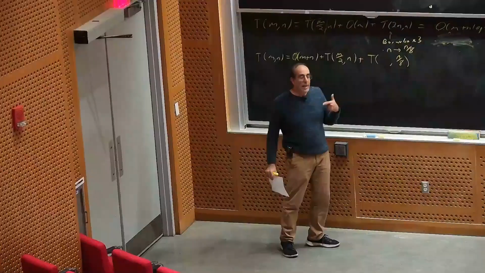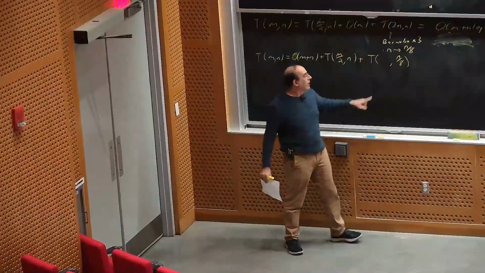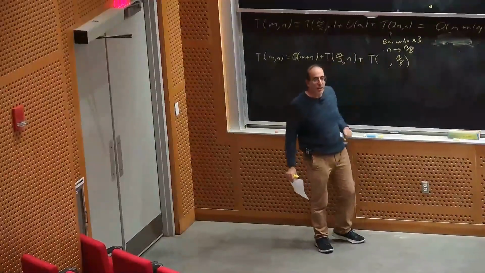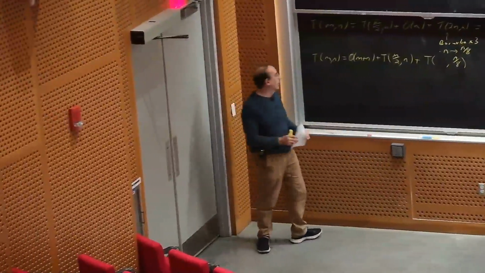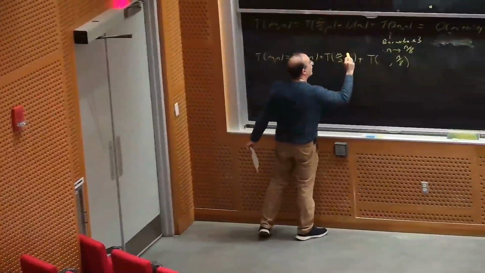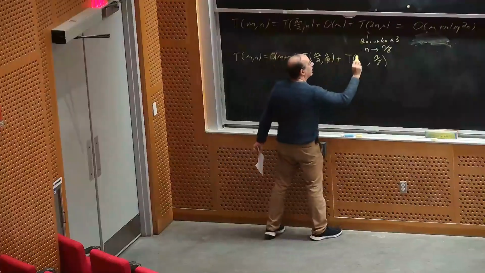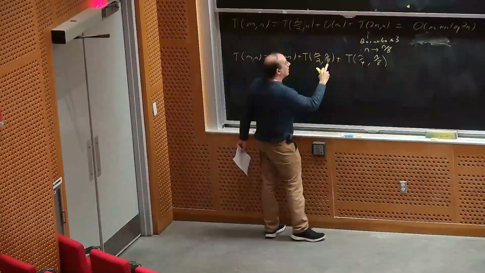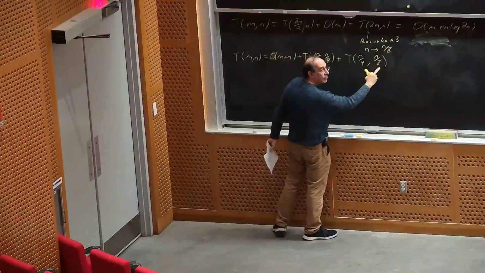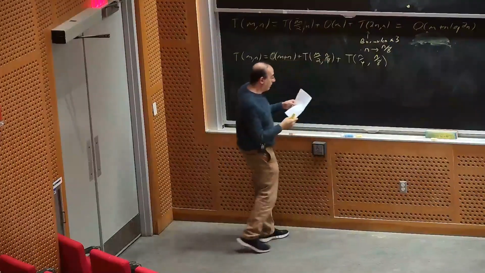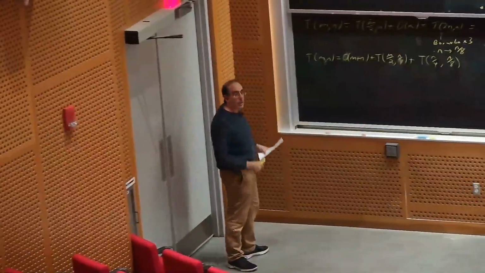Now, if there are only n over 8 vertices, how many edges are going to be f-light? Exactly. So there's an n over 8 here because I ran Boruvka 3 times, and there's also an n over 8 here because I ran Boruvka 3 times.